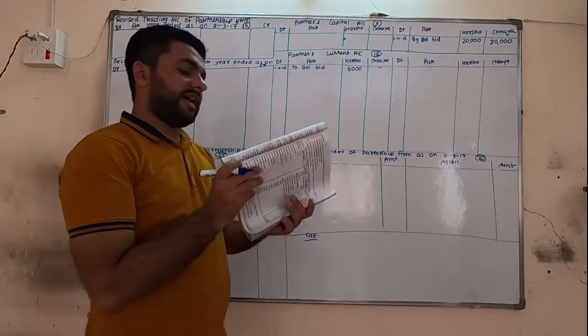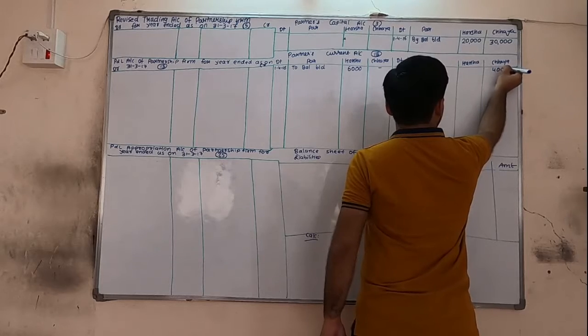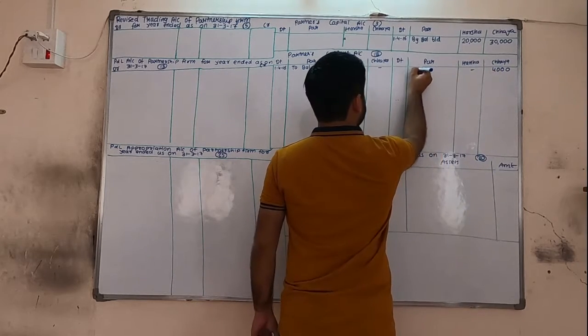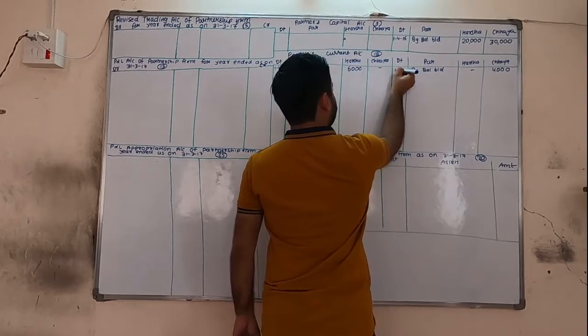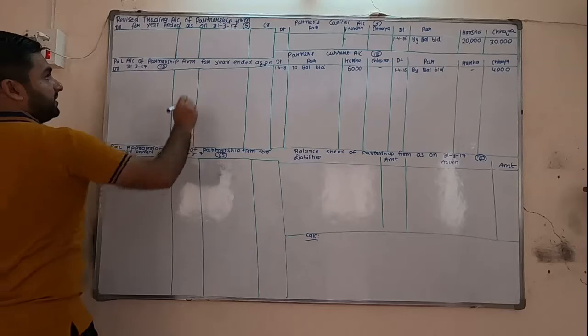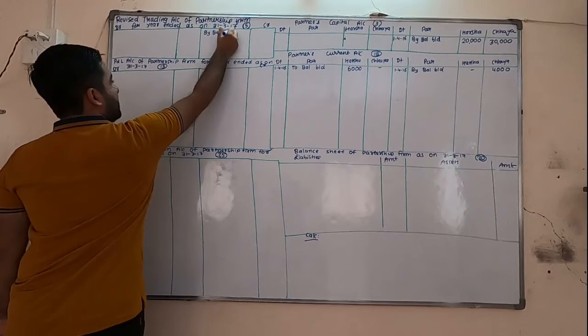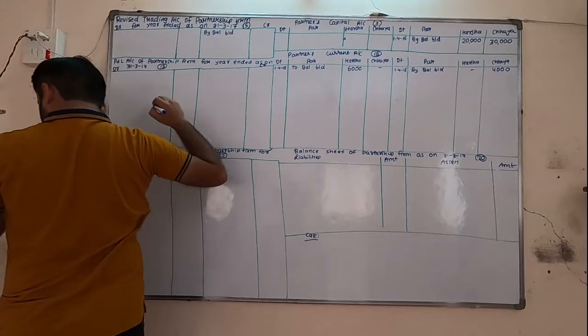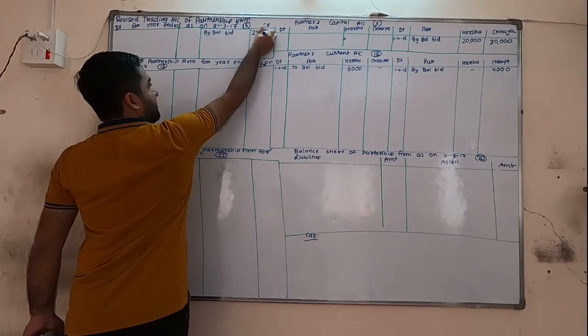Chaya is having a credit balance of 4,000. So in the column of Chaya, 4,000 credit balance, by balance brought down 1,460. Moreover, trading account has profit, but we cannot write profit directly, so we are writing by balance brought down 24,700.